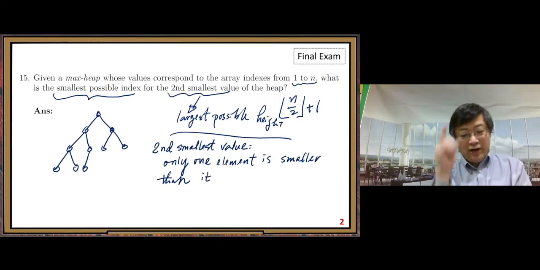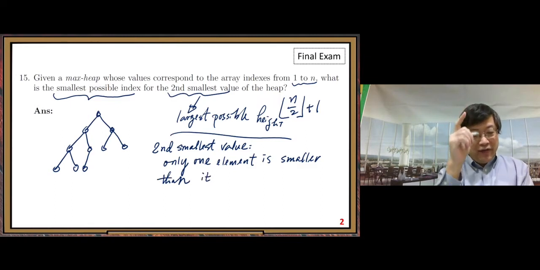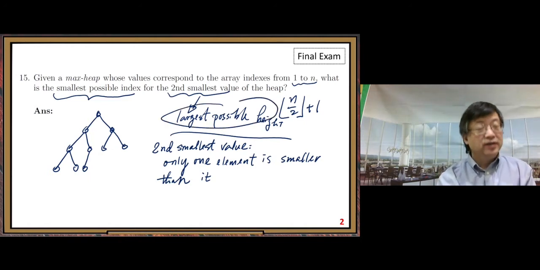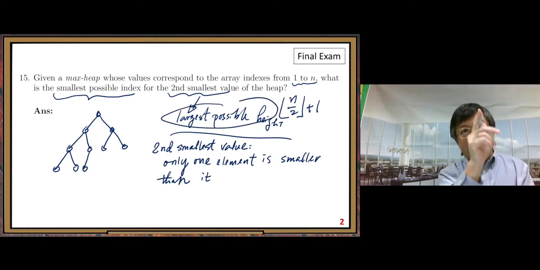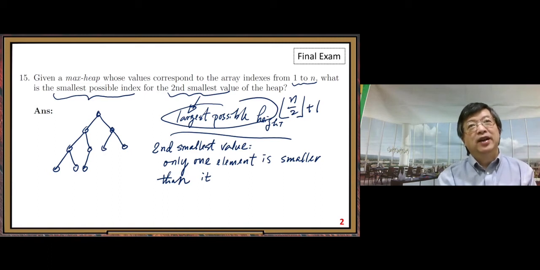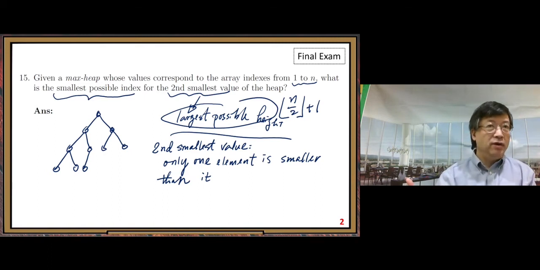So what is the largest possible height? It can only have one child, because that child has smaller value than the parent.